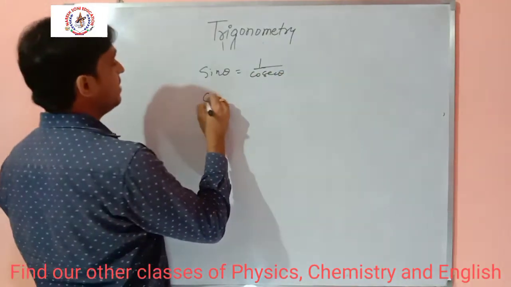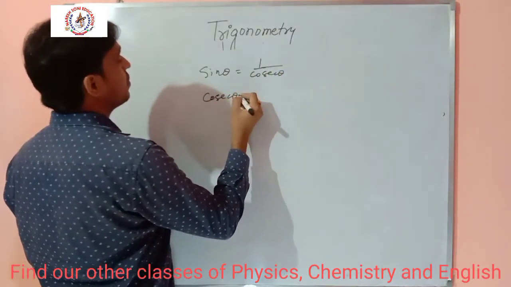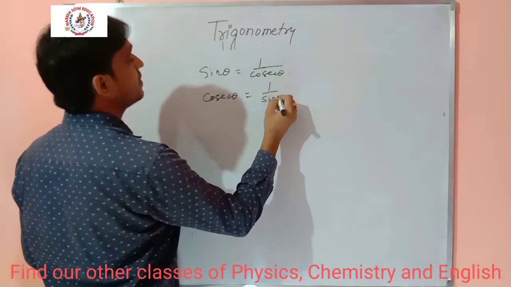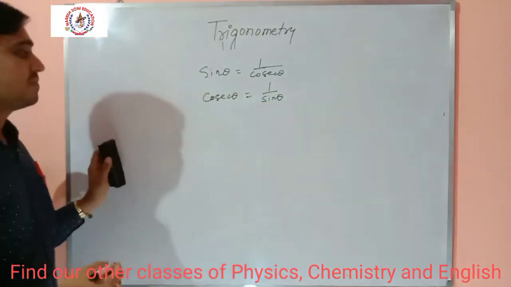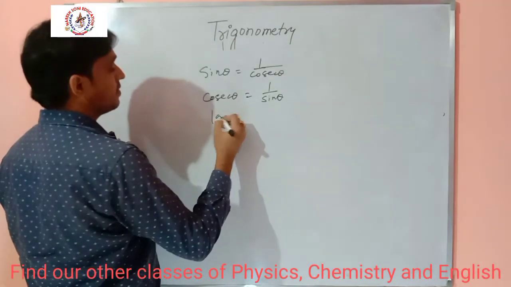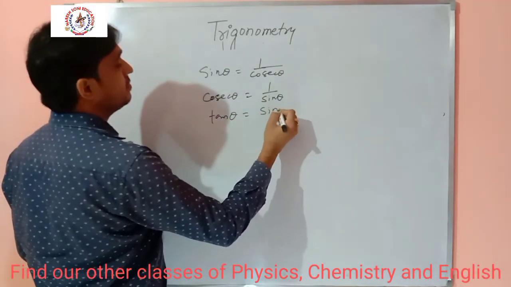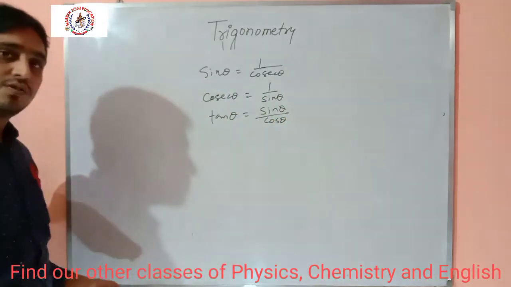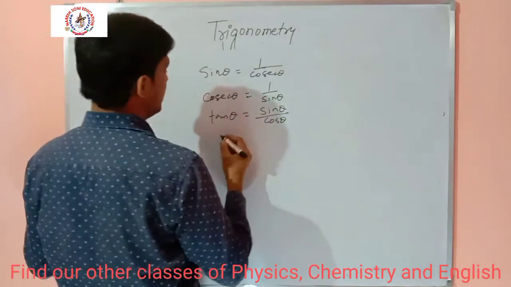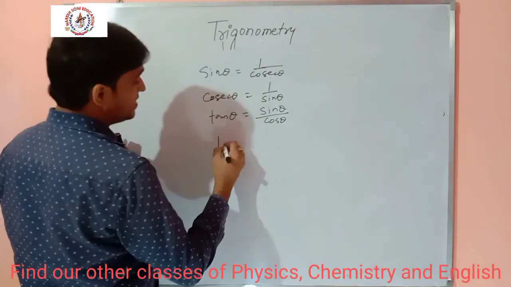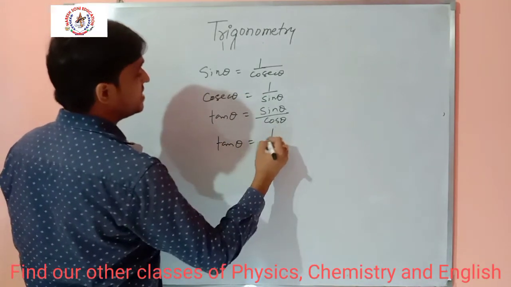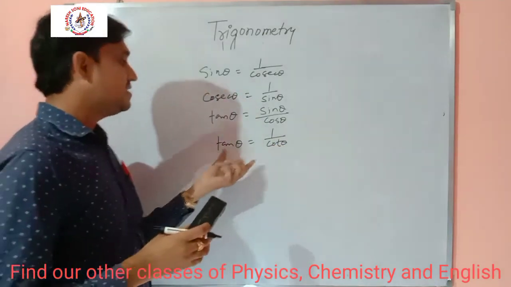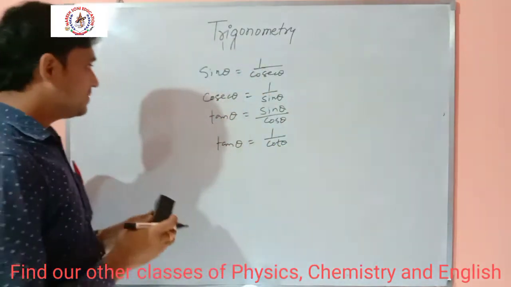And cosec theta is equal to 1 upon sin theta. Next one is tan theta is equal to sin theta upon cos theta. Understood? Yeah. And you can say tan theta is equal to 1 upon cot theta, because tan theta is the inverse of cot theta. Okay.